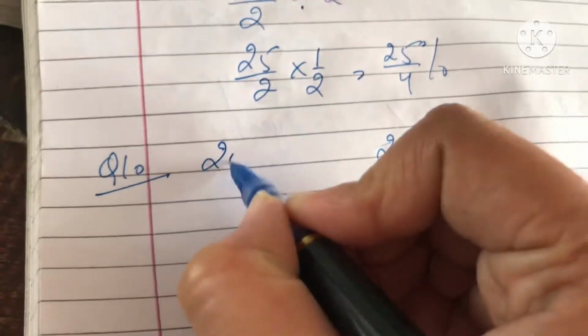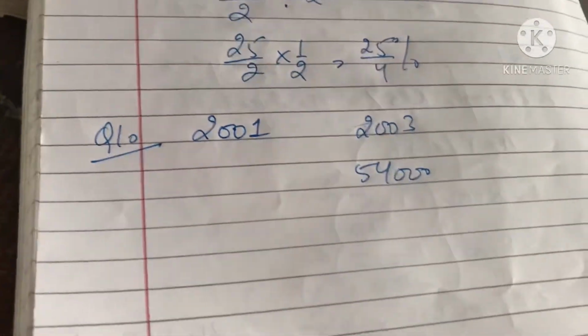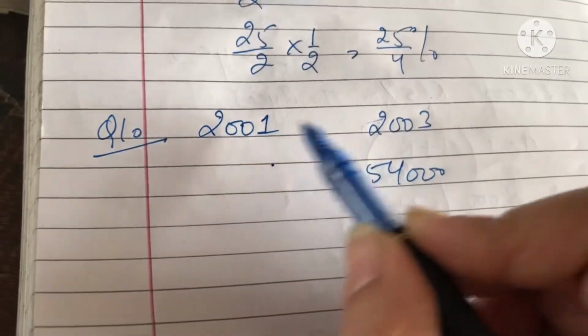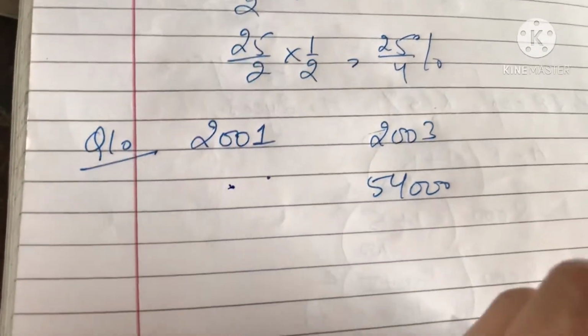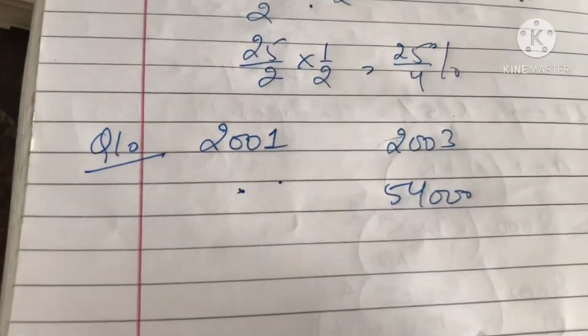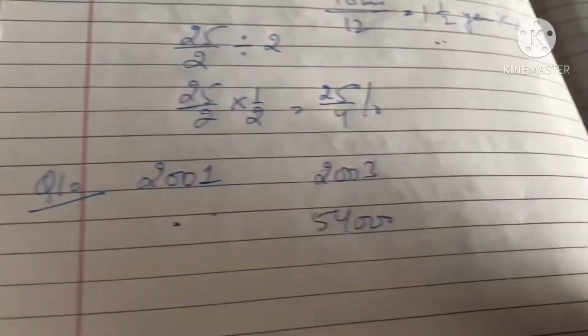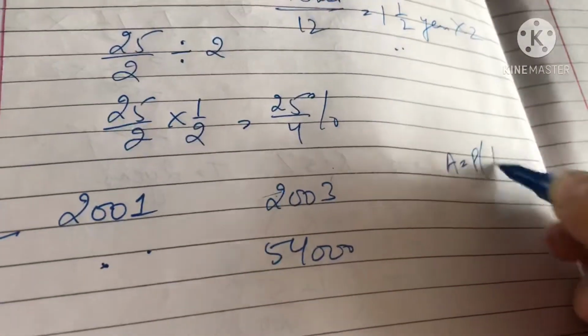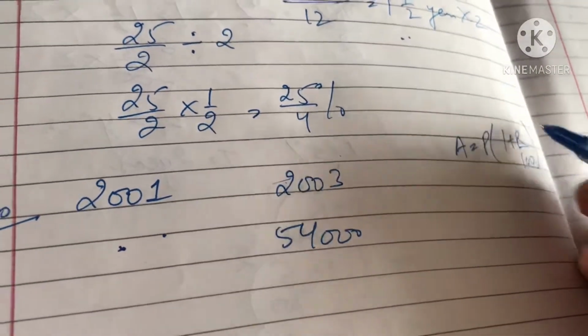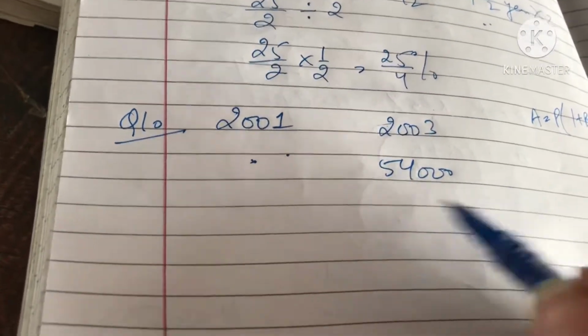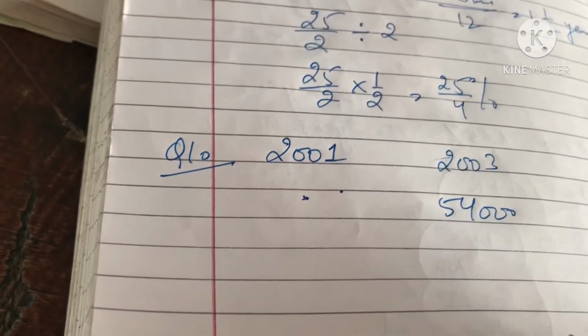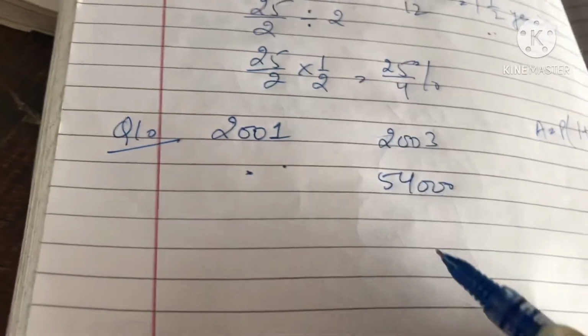Now they are asking what was the population in 2001, the previous one. We can find the population using the formula A equals P into 1 plus R by 100 whole to the power n. This formula can also be used to calculate the population, because if we know the rate and the time, we can find the population.